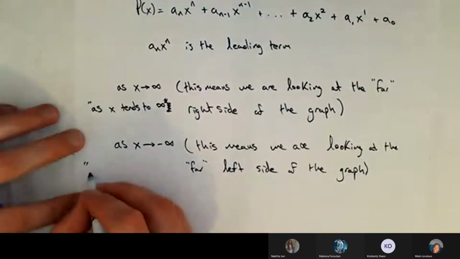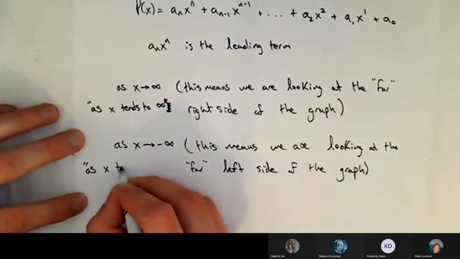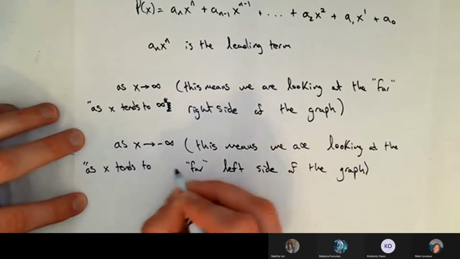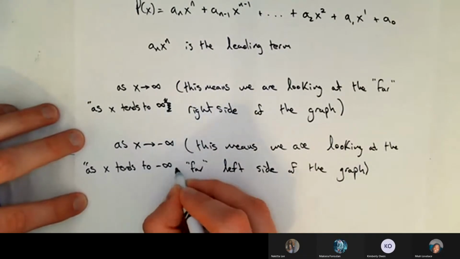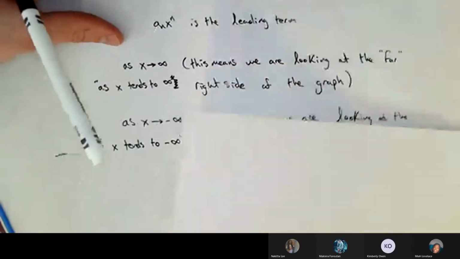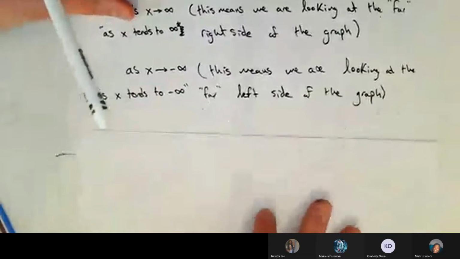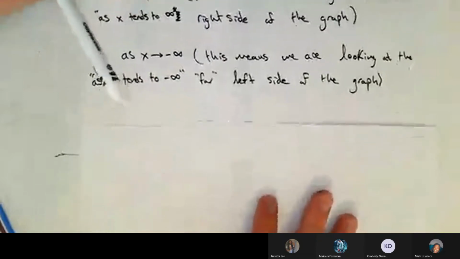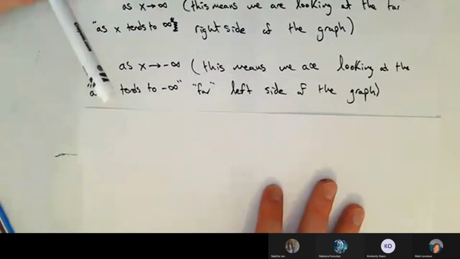And this one is as x tends to, well, negative infinity. That's how we read that. So just so we know that's what x tending to infinity and x tending to negative infinity means.